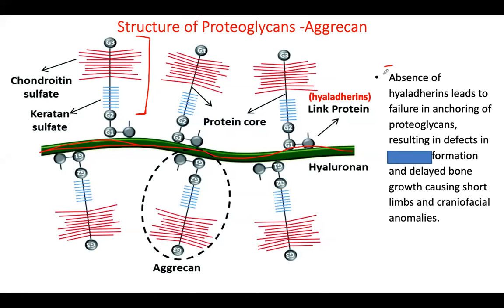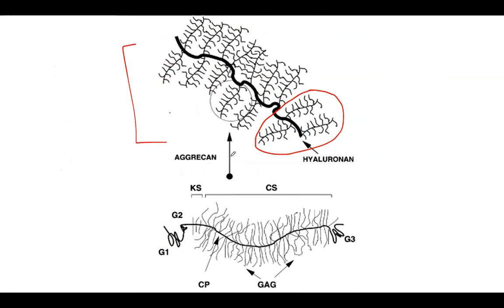Are you talking about this part over here? I think what he means is that in this image, there's a circle around the proteoglycans, and it doesn't circle the whole thing. So the circle is only circling the proteoglycans, and it's saying this is an aggrecan. That's his question. So he's asking whether the hyaluronic acid is part of the aggrecan.